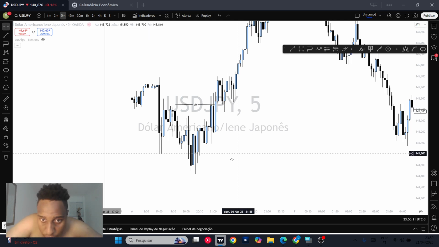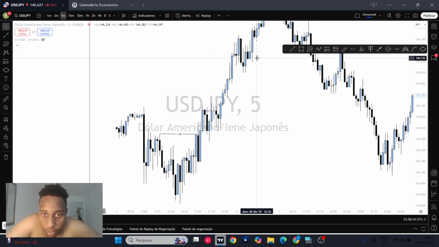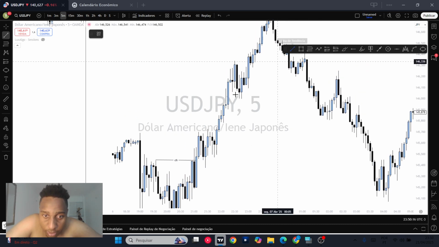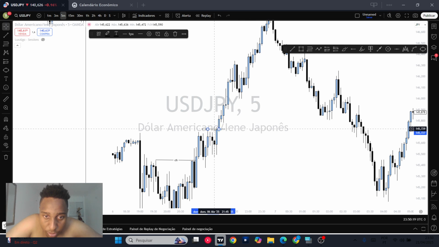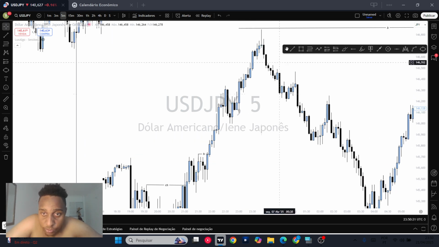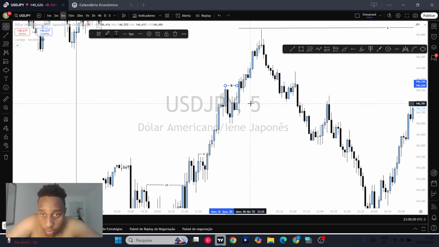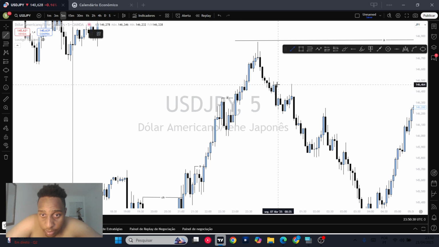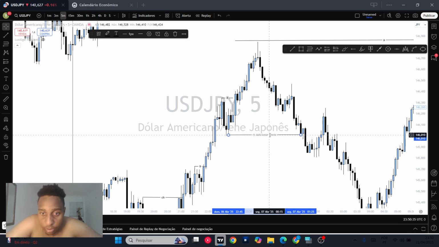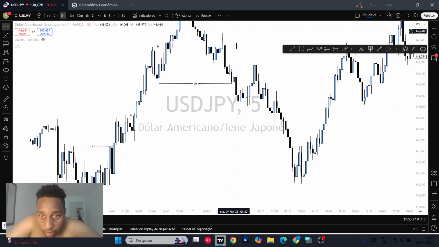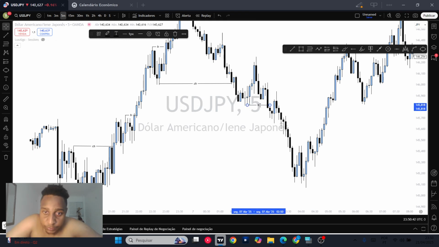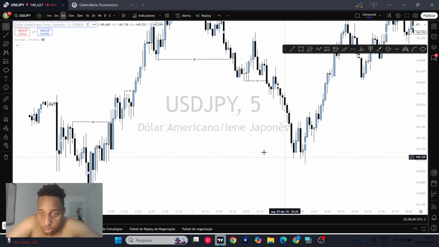We made a change of structure right here, and then we made a very impulsive move to the upside, creating a small break of structure, and then a break of structure here, break of structure here, right? And with this break of structure, we can spot a clear sharp change of structure here, and then we continue to the downside. We meet another break of structure here, and we go to these lows.